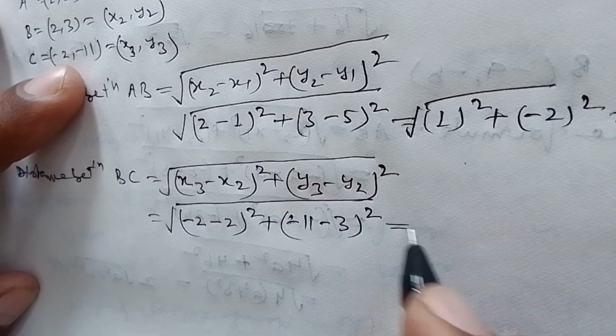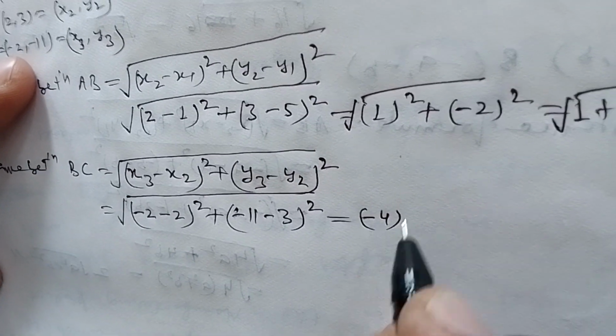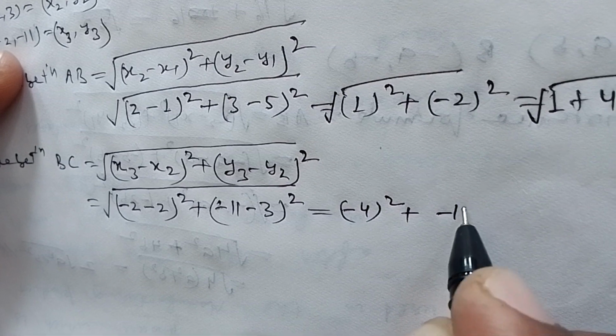It will come out to be minus 4 square plus minus 14 square.